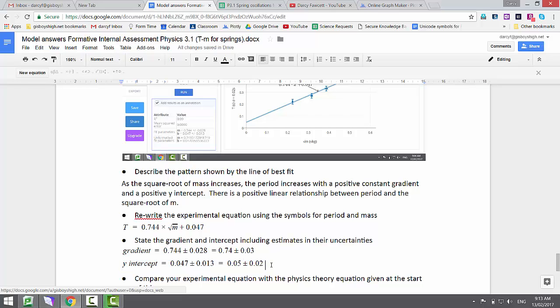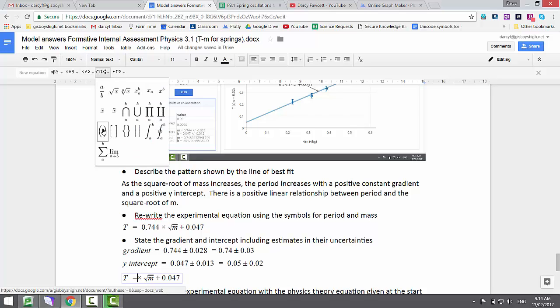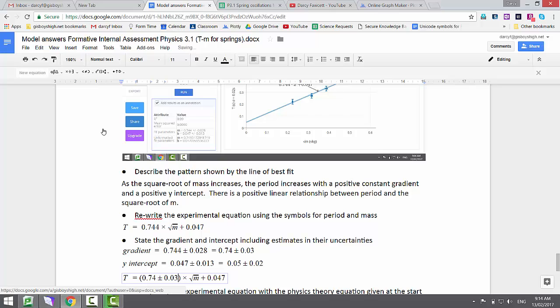Okay. Now we can do even better now with our equation. So here comes our final equation. Let's copy this whole equation down to make it easy for us. Okay. So our gradient is this. So let's take that, put a bracket in and paste that in there. There's our gradient.